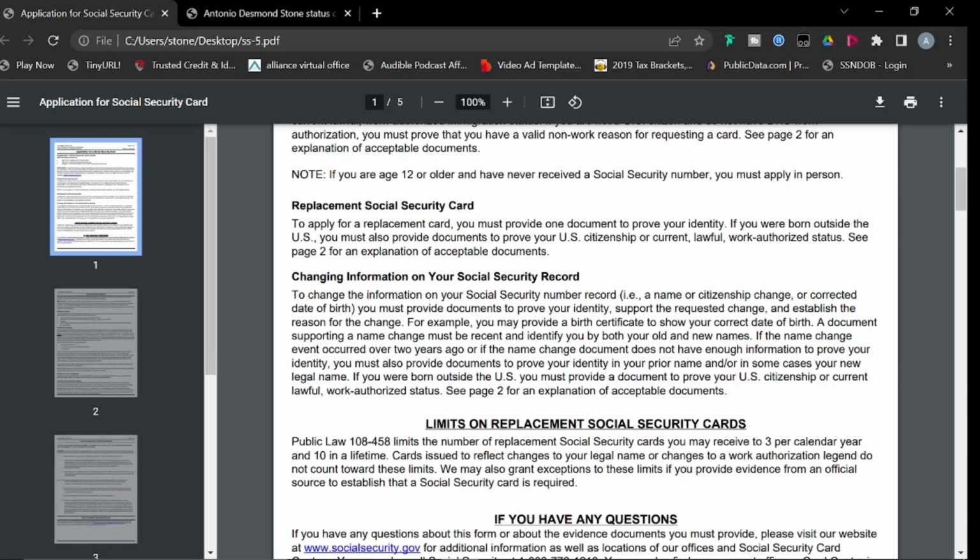So let's go over the change of information of your Social Security record. It's in the application. If anybody ever tells you how to write to change anything, they say it in so many words in their instructions. Even when you read definitions, they put words in there that you must understand what they're doing.